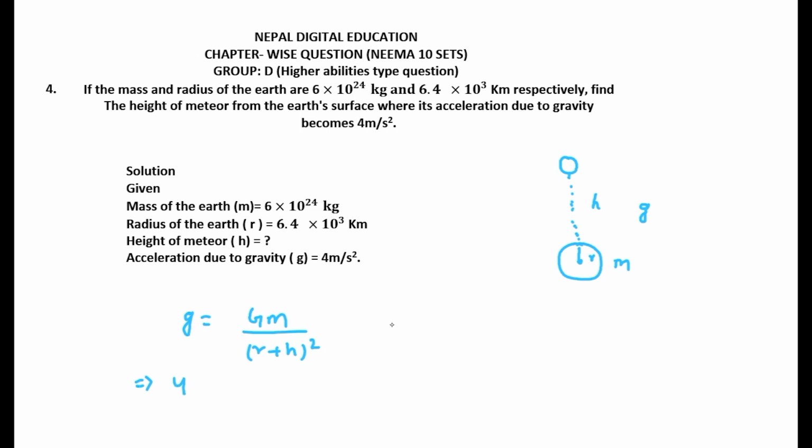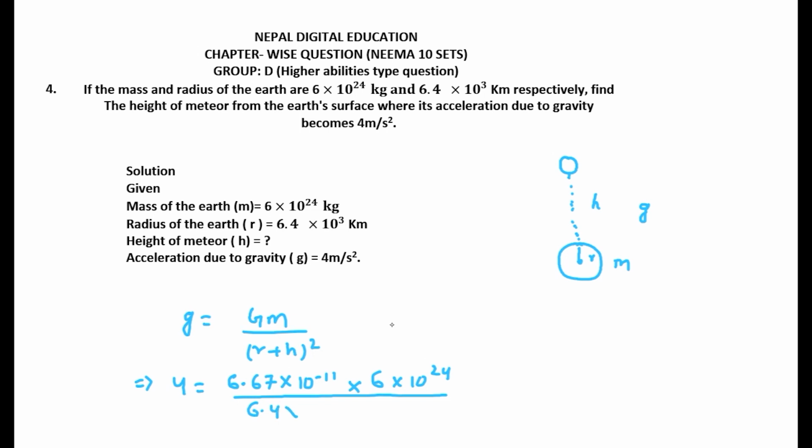g is 4, and we know that this capital G is the gravitational constant and its value is fixed, that is 6.67 into 10 to the power minus 11, into mass. Mass is 6 into 10 to the power 24, and r is 6.4 into 10 to the power 6.